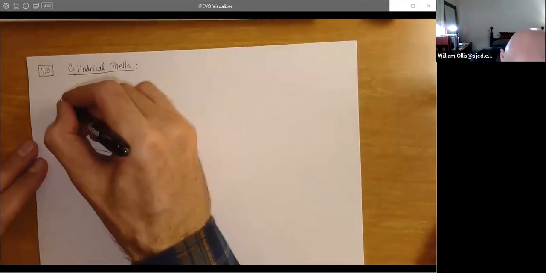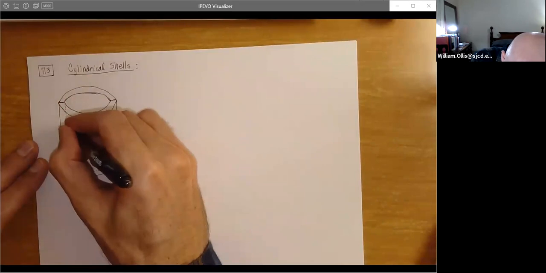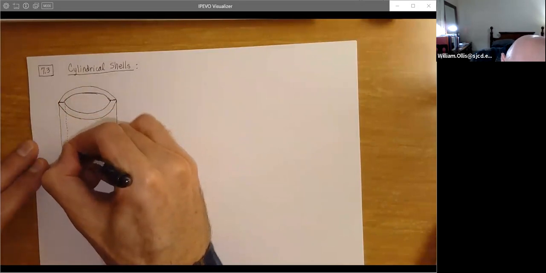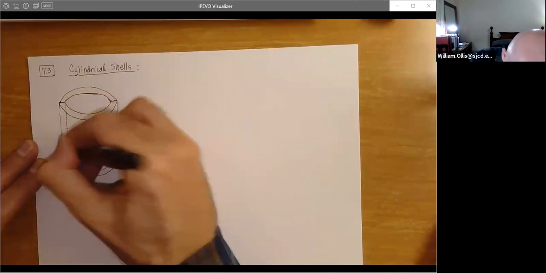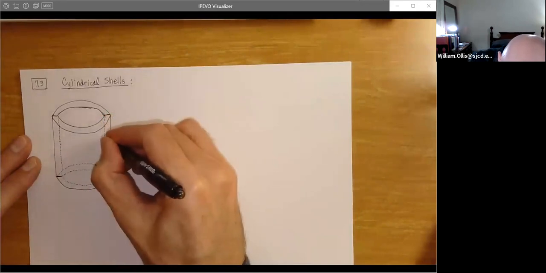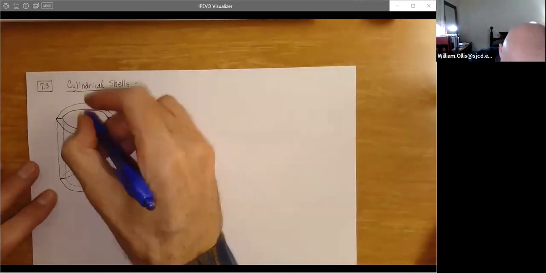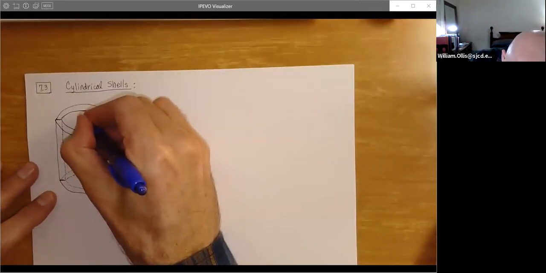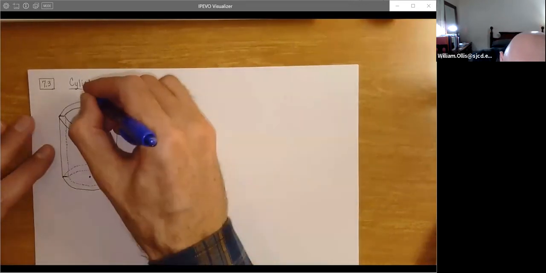Now we can do the height dimension with a dotted line too, and do the same on this side. So now what we want to do is draw an axis, because we're going to think of revolving just like we think of revolving a strip to create a disc.